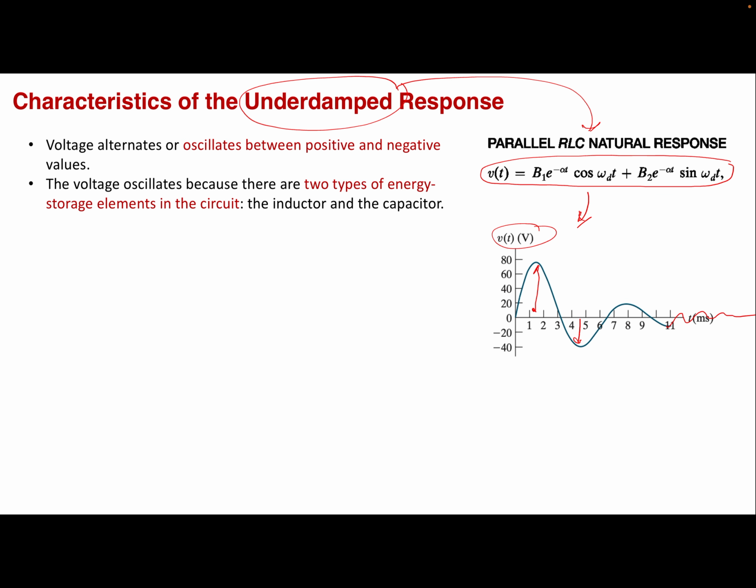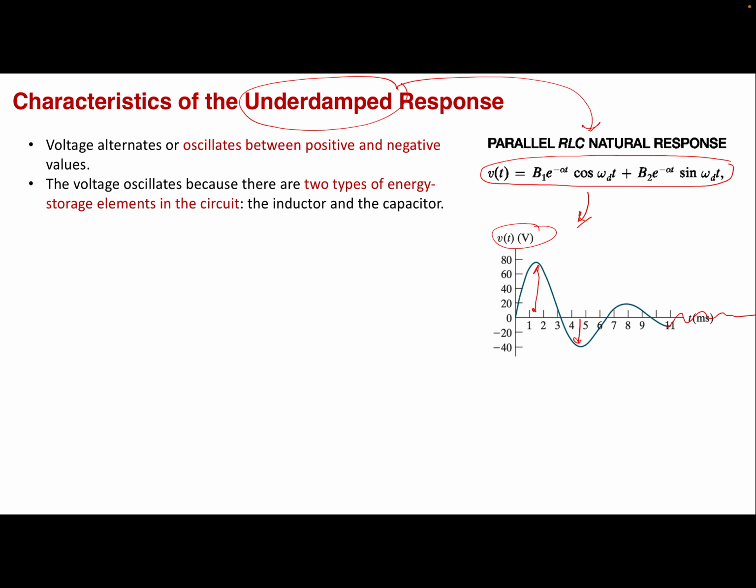And why is that? Because there are two types of energy elements, an inductor and a capacitor. So the important thing is that the energy elements are making it oscillatory, but not in every case.